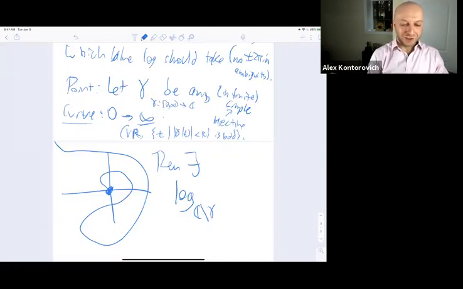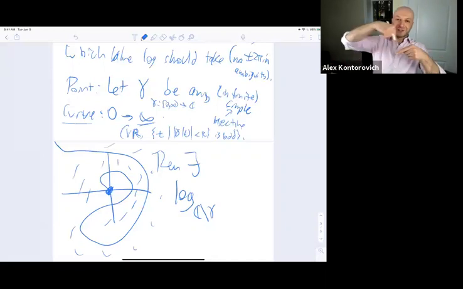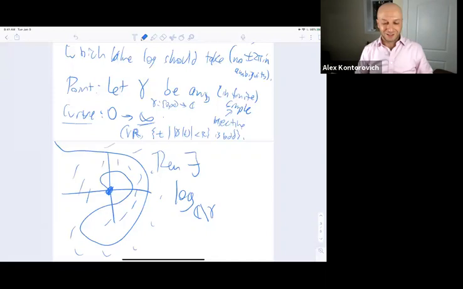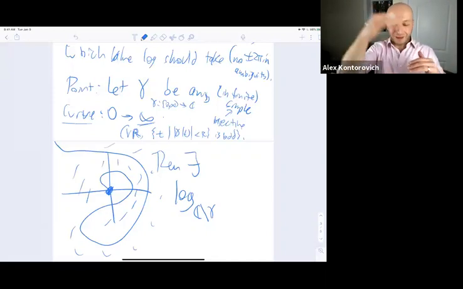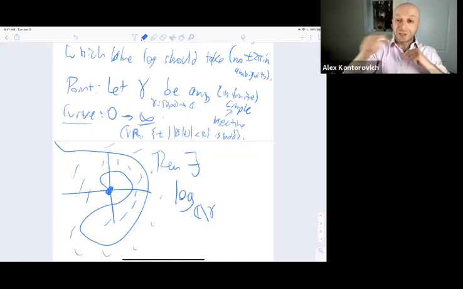So the exterior of this cut is connected, and you've basically taken a cut of this infinite spinny thing and said, these are the values I want log to take.